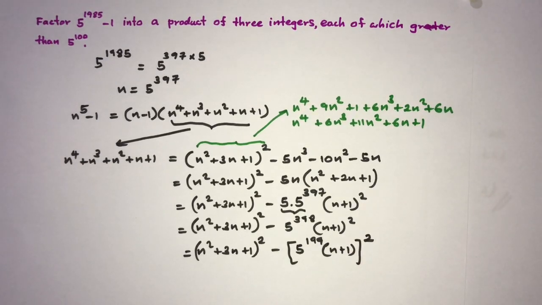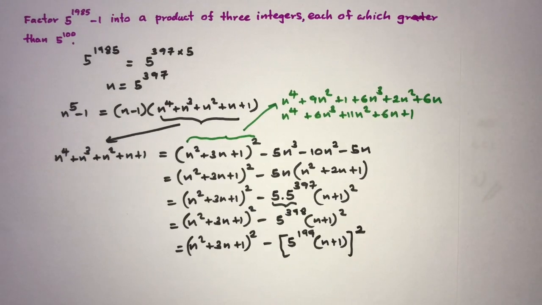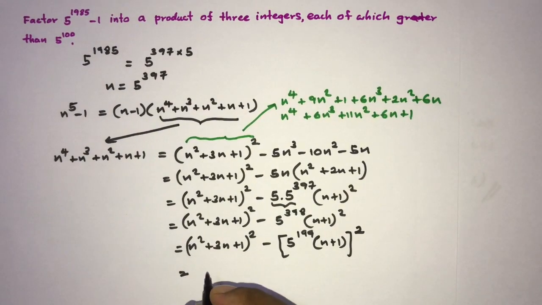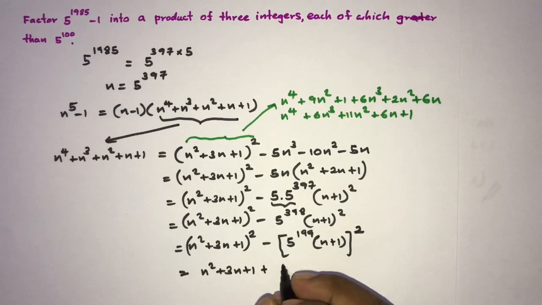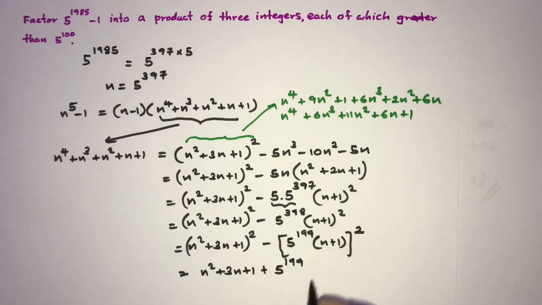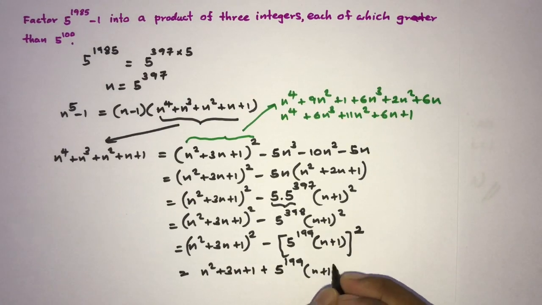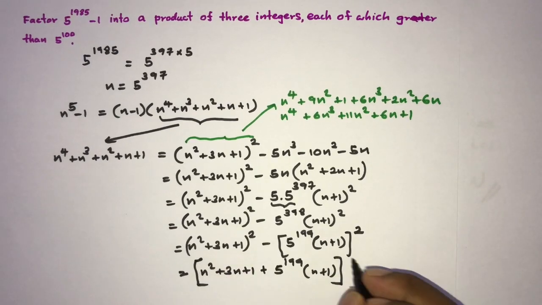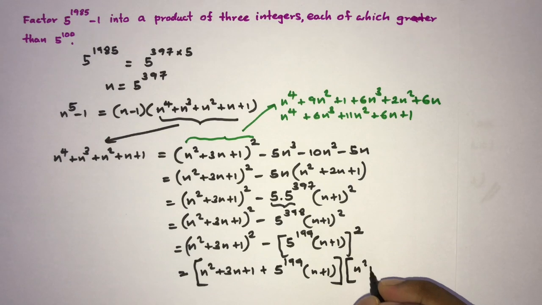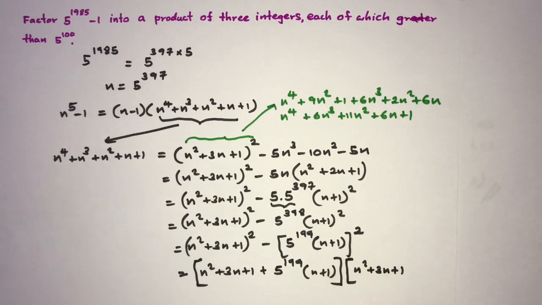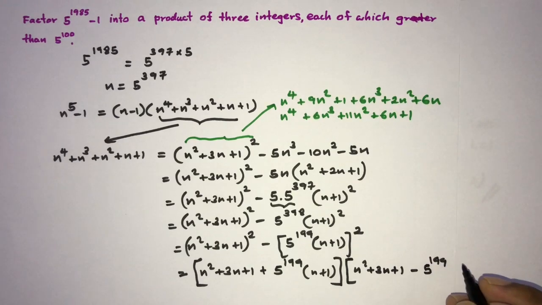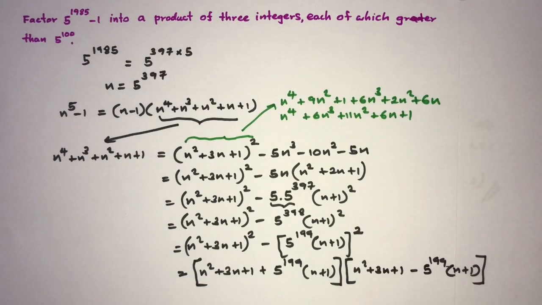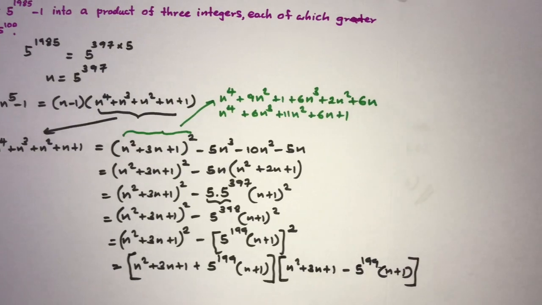Okay, then we have a difference of two squares, so we can write the factors: n square plus 3 times n plus 1 plus 5 raised to the 199 times n plus 1, times n square plus 3 times n plus 1 minus 5 raised to the 199 times n plus 1. Now we have three factors.